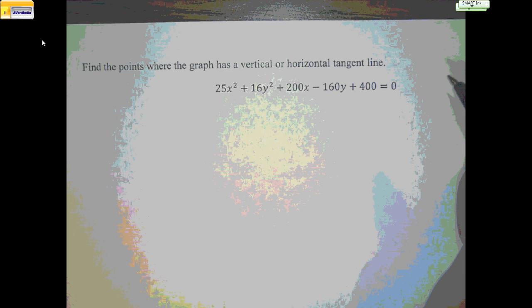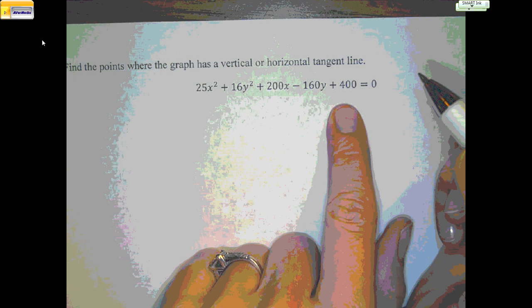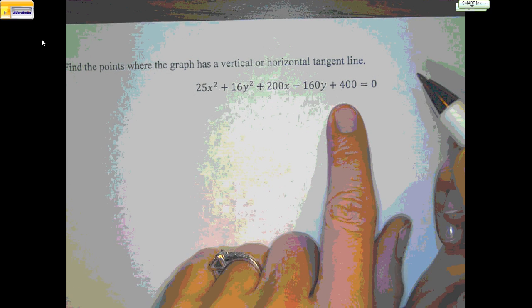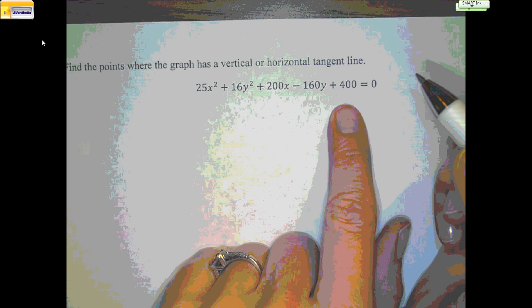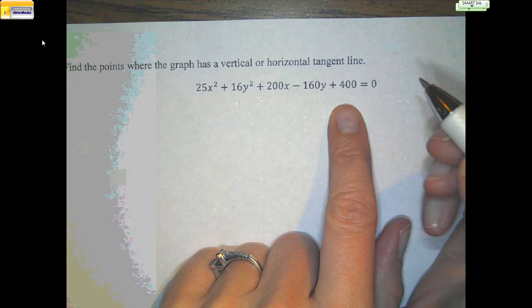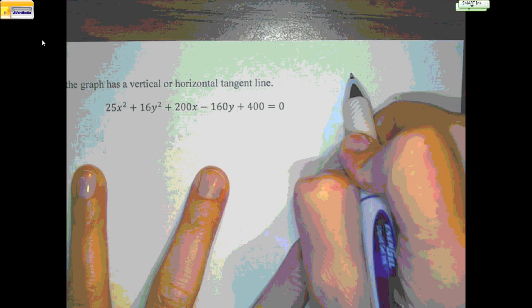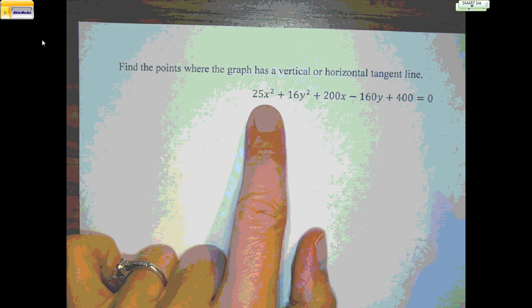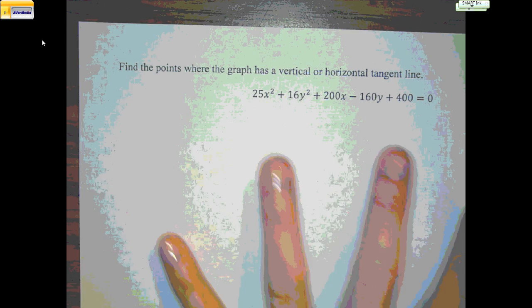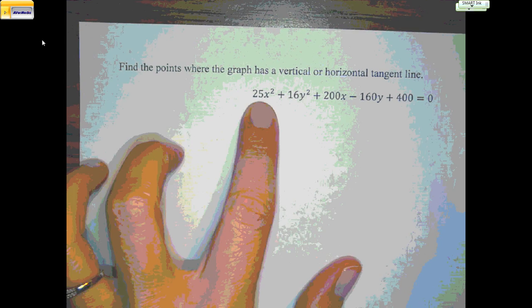Do you guys know what this graph looks like? Before you say no, really think about it. Ocean had it. Close. It's an ellipse, and it's longer than it is skinny, and you know that because your major axis is longer than your minor axis, and the major axis is with the x.